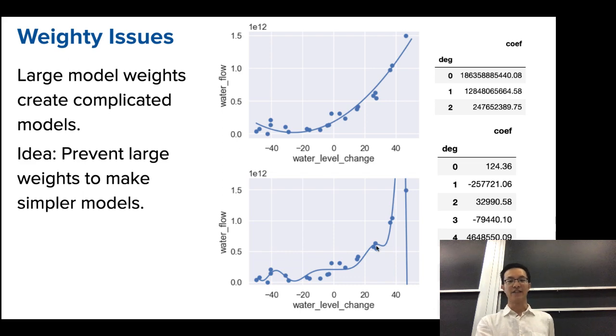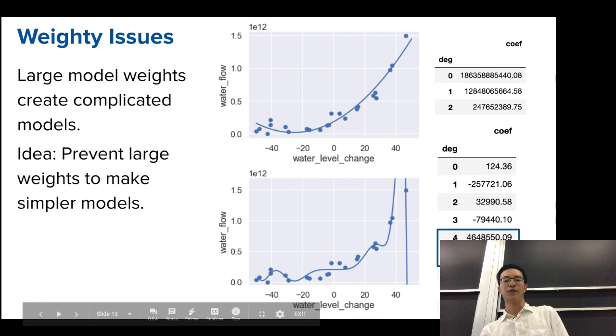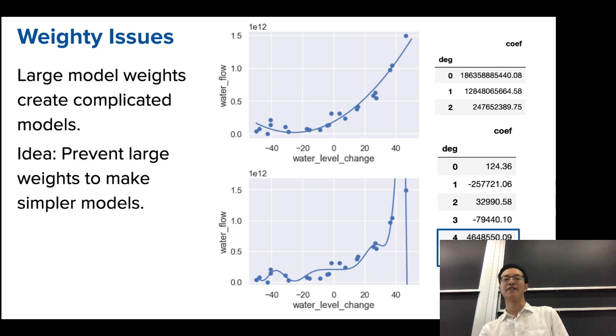I fit a degree 12 polynomial to the same data. And right here, I have a table of the coefficients. In particular, the coefficients for the 4th and 5th polynomial degree are quite high. So you can imagine that if I nudge x a little bit, I'm going to get vastly different predictions because of these large coefficients.